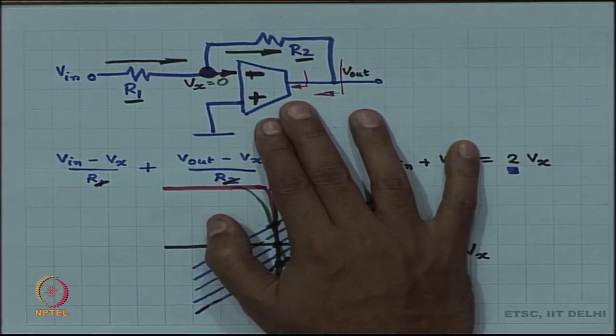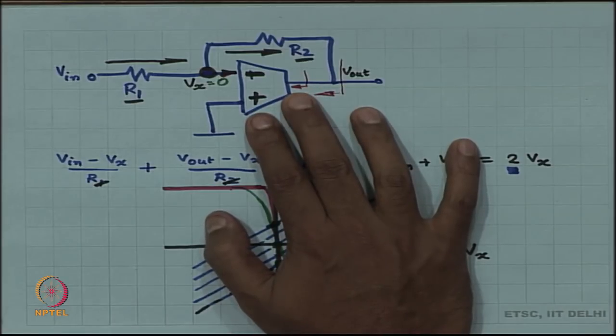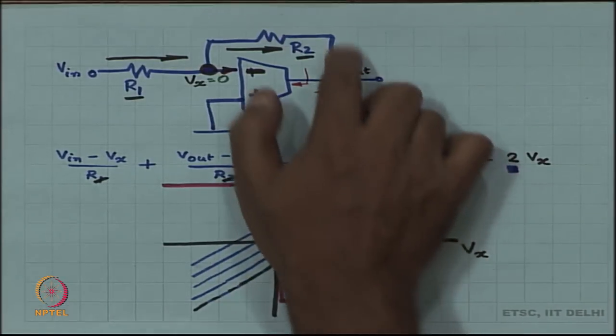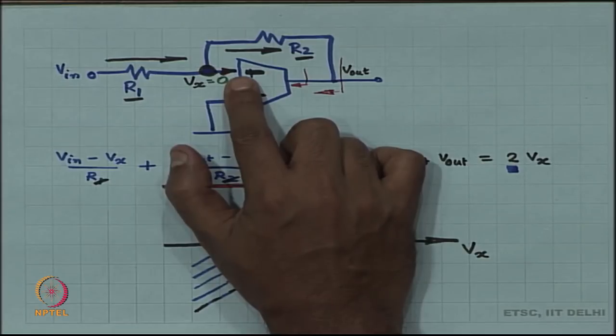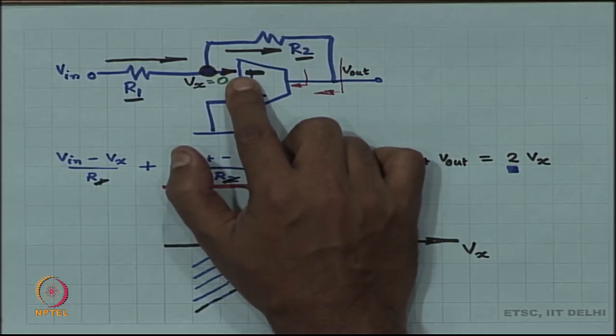So, the output impedance is very low, it is not doing GM times R out. In case of an op amp, it is a voltage controlled voltage source with a very low R out. Now, if R out is low, then putting an additional R2 in shunt with it is not going to change anything, it is going to continue remaining low.